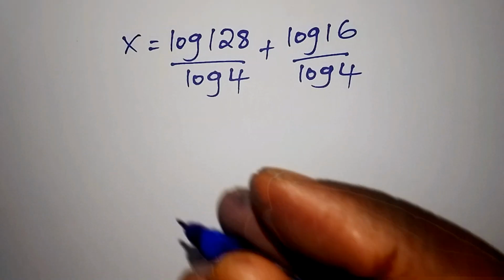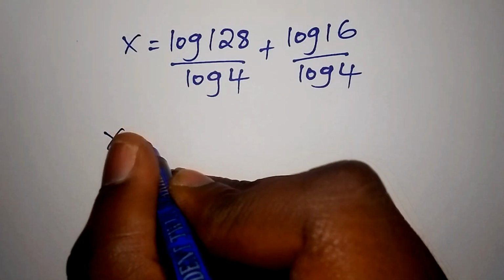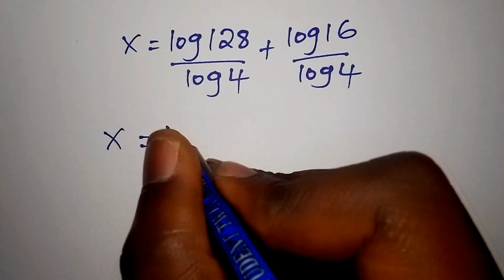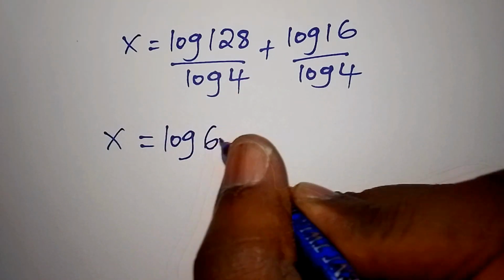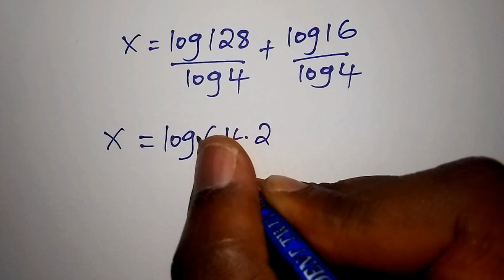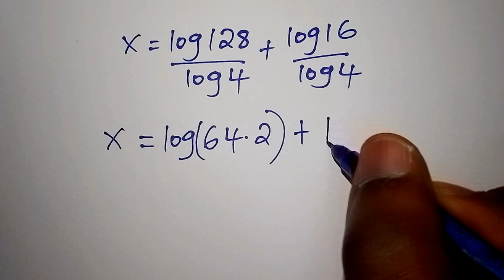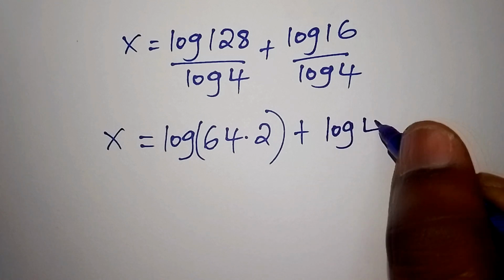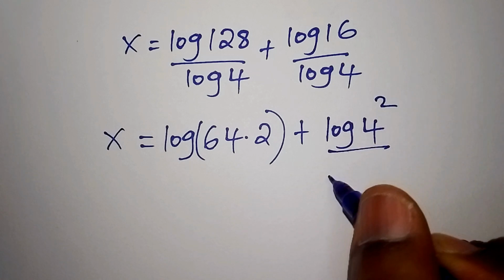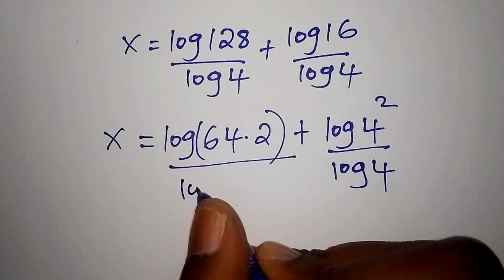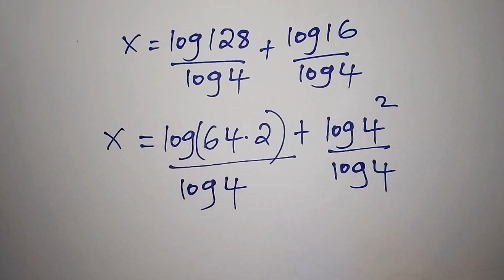So the next step, we shall now have the value for x is equals to, so the log of 128 can also be written as the log of 64 multiplied by 2, then into brackets, plus, so log 16 can be written as the log of 4 to the power of 2, then all over the log of 4. Then all of this shall now be all over the log of 4.